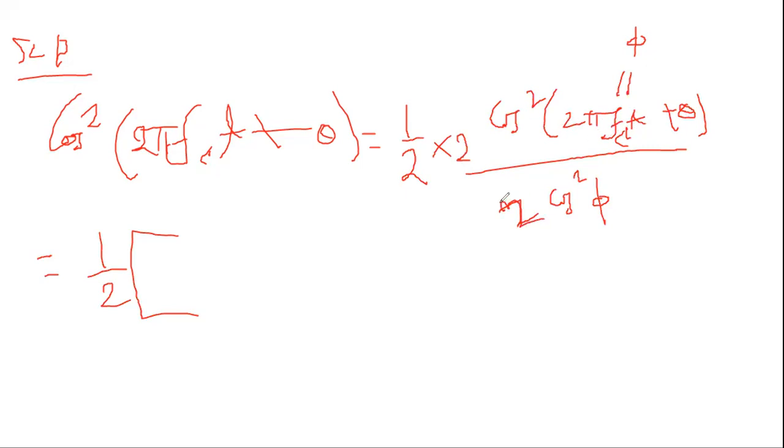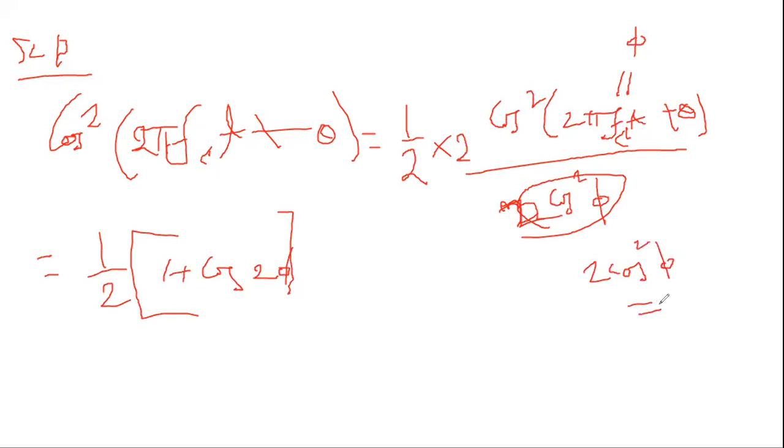So 2 cos square phi means 1 plus cos of 2 phi. As you know, 2 cos square phi is equal to 1 plus cos of 2 phi, and 2 sin square phi would be 1 minus cos 2 phi.